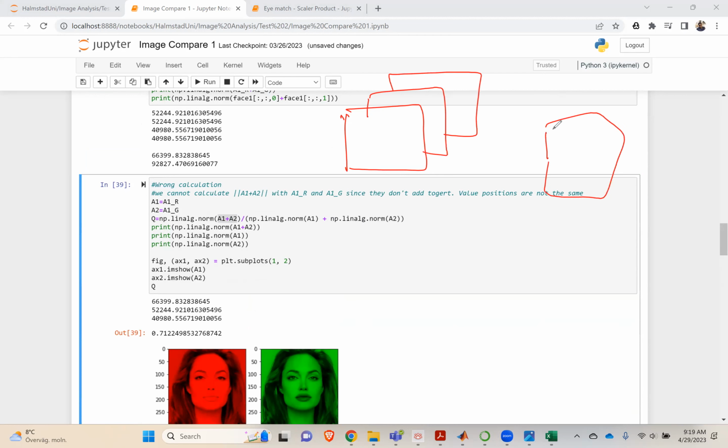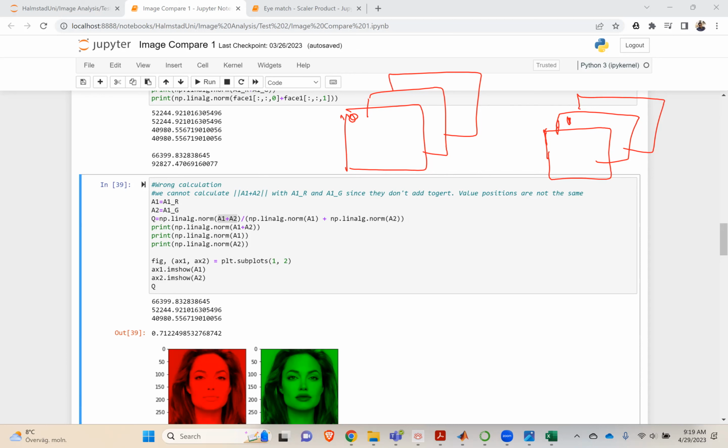In the second image also, there are 3 arrays. So when you take the red face, it's in your 0th position. And when you take green, it's in the first position. When you take only these 2 and add them together, it will not add, because they're in 2 different levels. This is in the 0th level and this is in the 1st level. So you can't add them like that.